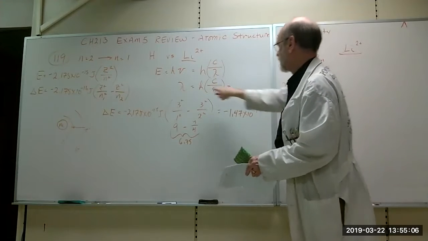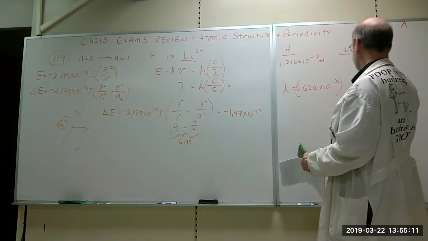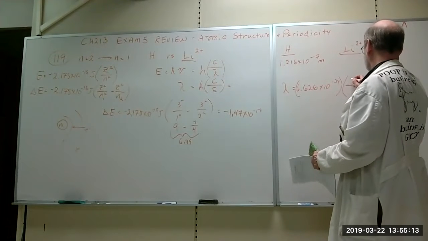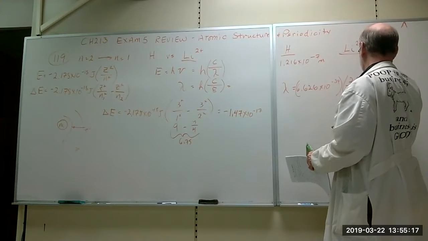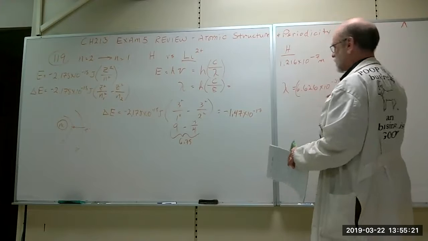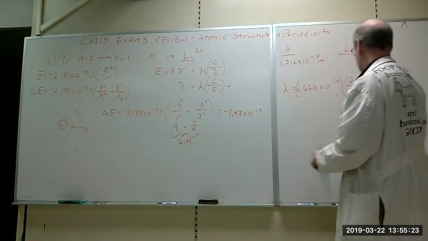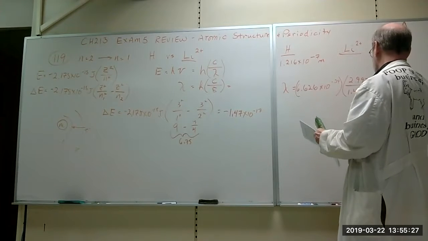Okay. That's this term. And then 2.9979 times 10 to the 8. And then the energy is this term. 1.47 times 10 to the minus 17.